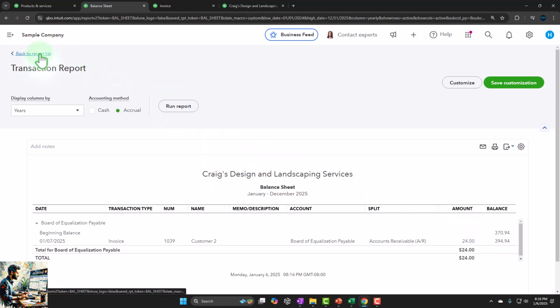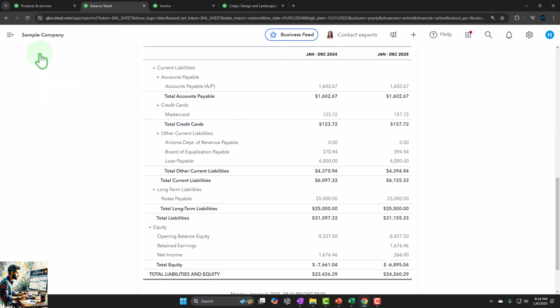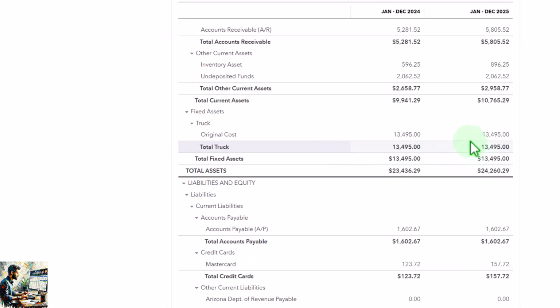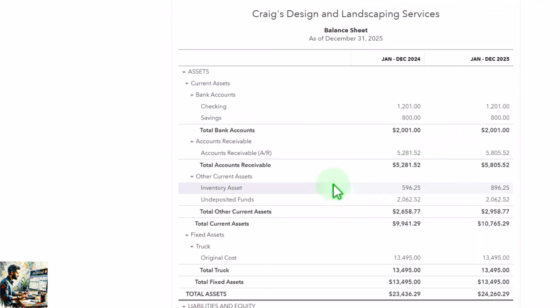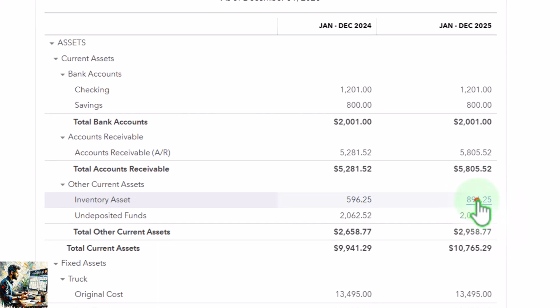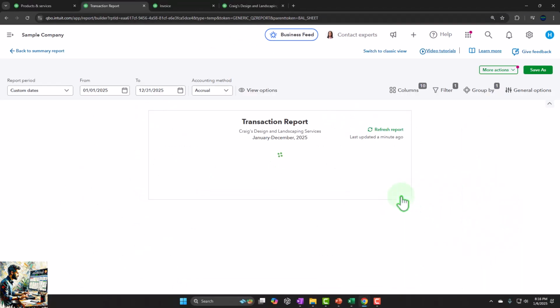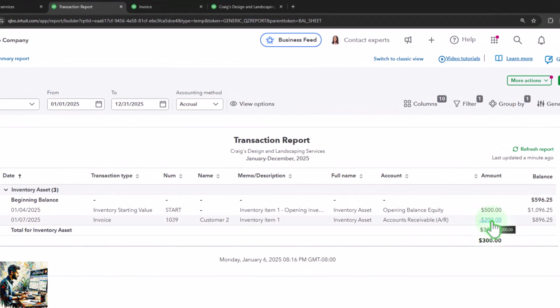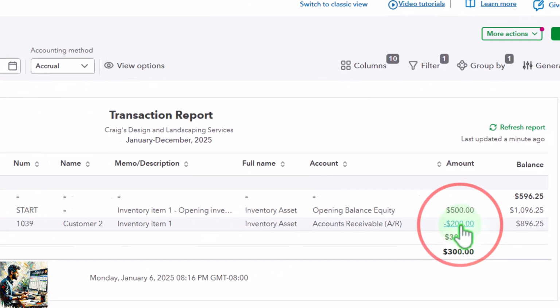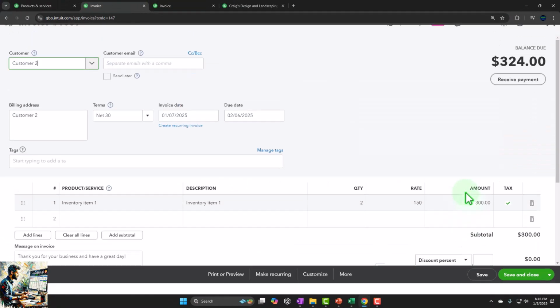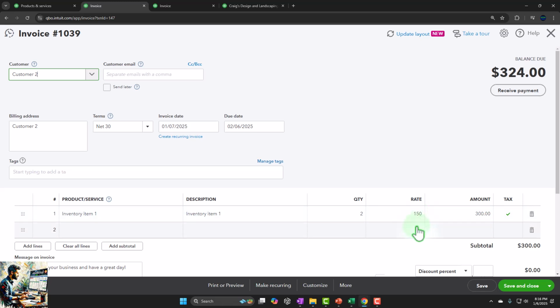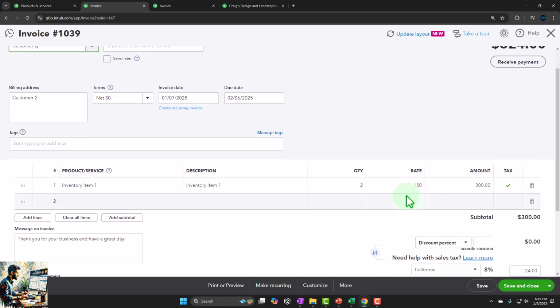Debits equal the credits, or the double entry accounting system, assets are going to equal liabilities plus equity with that transaction. But we also have inventory that's going to be going down. So here's our inventory account. If I go into that, it's going to be going down by 200. Note that 200 is not on the invoice, because we don't put that amount on the invoice, similar to when you check something out at a grocery store.